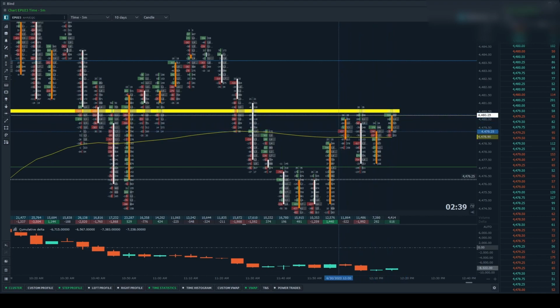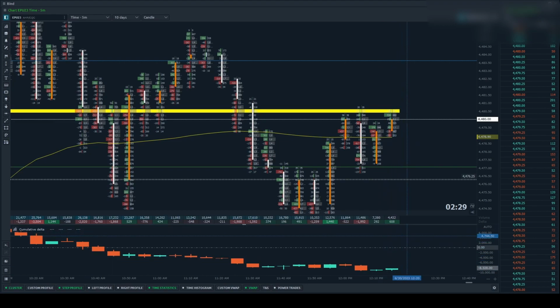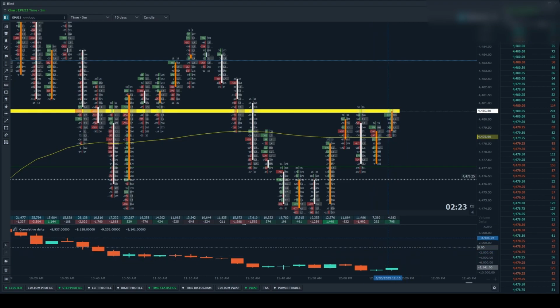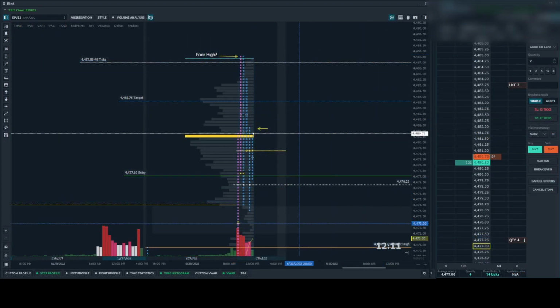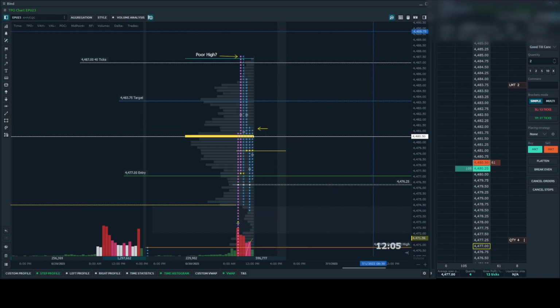So your cumulative delta is switching around, so that's good. Now let's see if we can get over this F period, well, this E period.